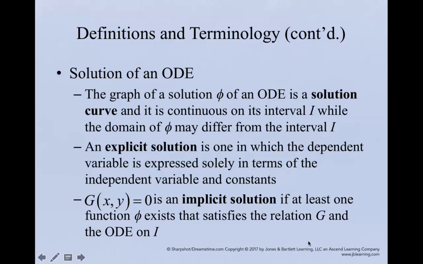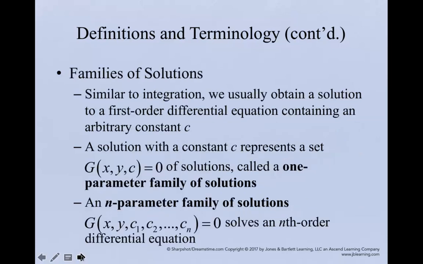An explicit solution is one in which the dependent variable is expressed solely in terms of the independent variable and its constants. An implicit solution is if you just have a function phi that satisfies the relation g of x and y, and the ordinary differential equation on some interval I. So we just talked about families of solutions: we will have a function that satisfies the differential equation.